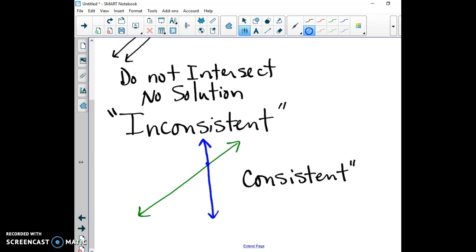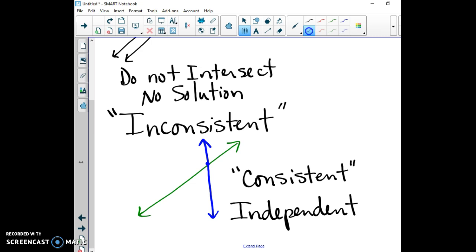Consistent. It has a solution, and it is also independent. These words are found in lesson 5-4, both on 352 and 353.